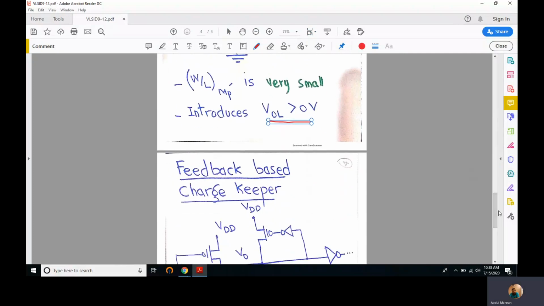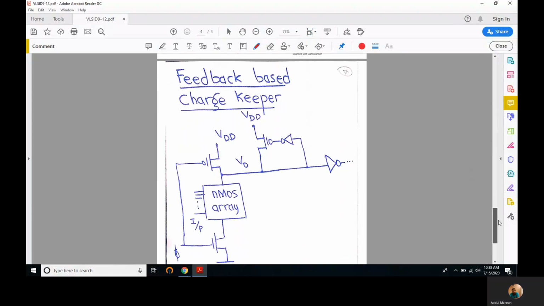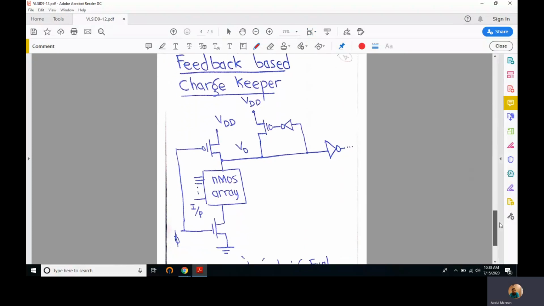So feedback based charge keepers are the other class of charge keepers that we can use to keep the output at VDD, even if we have a longer evaluate interval.